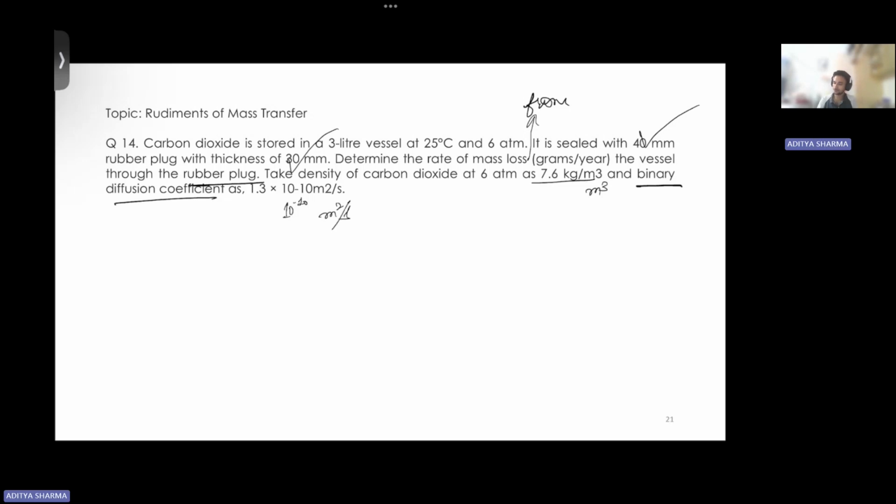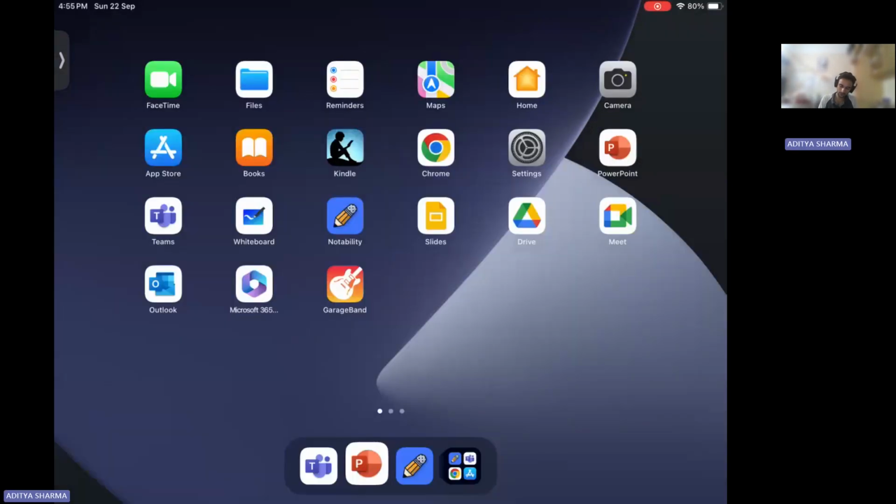So let's solve this. So as per your Fick's law, this is the formula. Question number 14.